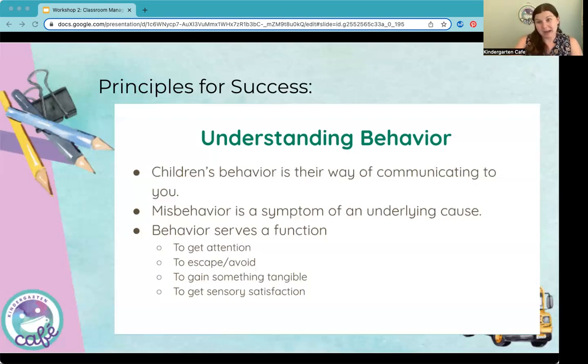And if you react a certain way, if they're trying to get your attention and you react to it, guess what? They're going to keep doing it because they got what they wanted and it worked. Or to get sensory satisfaction, they just might need sensory input, might be jumping around, stuff like that. So those are all the functions of behavior.